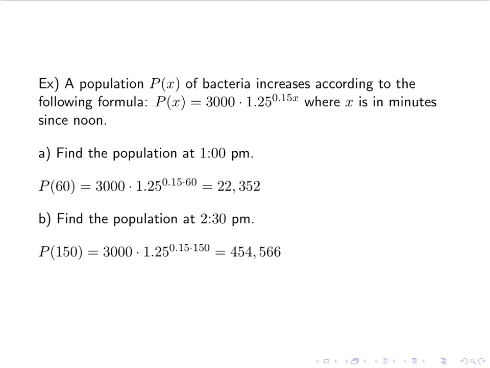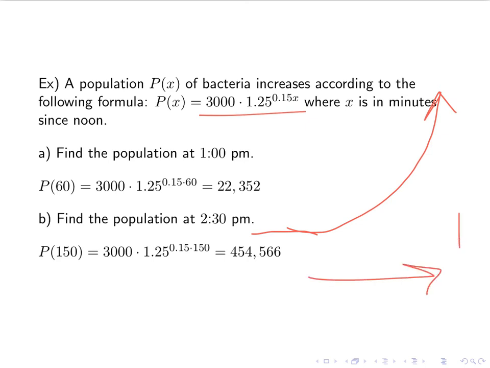Again, I can ask myself, do these answers make sense? I go back to my original problem. I look at the fact that my coefficient is positive and my exponent is positive. So I know the general shape is going to be like this. And I know that as my time gets higher, my population is also increasing.